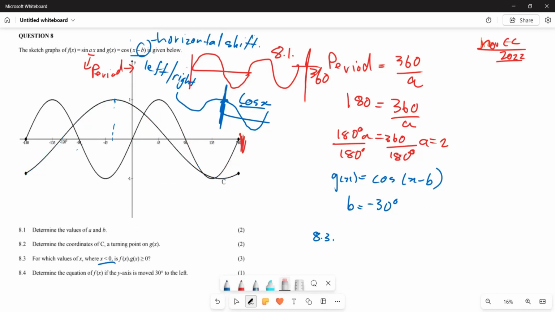They are saying where x is less than 0, which means we know that if the graph of f of x multiplied by the graph of g of x is greater or equal to 0, basically for you to have a positive number, you need a positive and a positive, because when you multiply positive and positive, you are still getting something that is greater than 0, right? And similarly, if you multiply a negative with a negative, you are going to get something that is greater than 0, right?